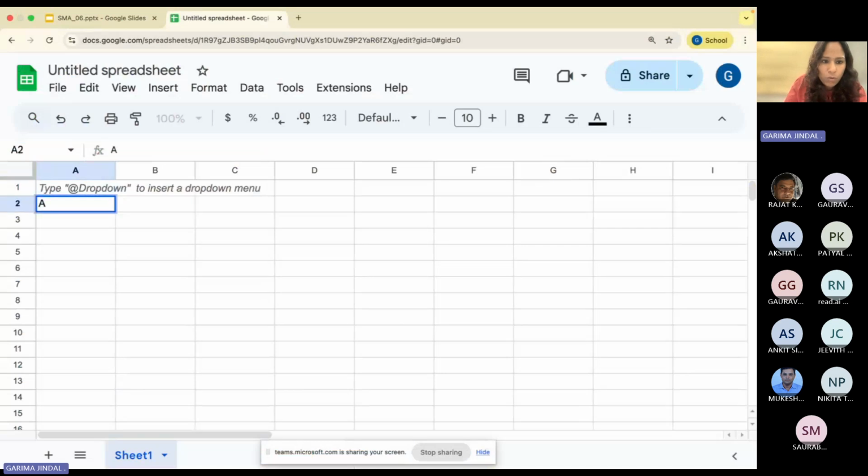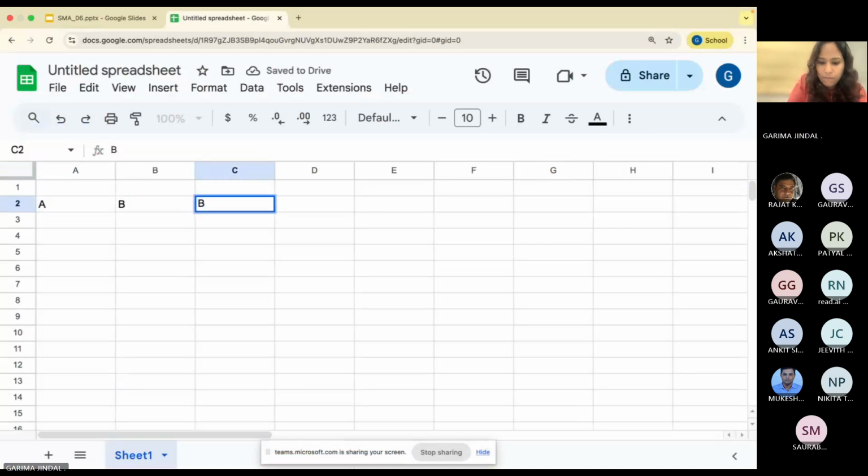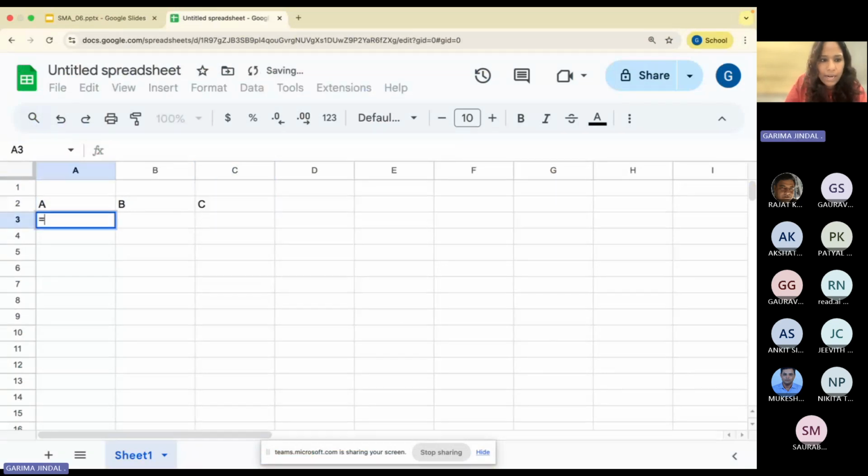Okay, suppose I have A, B, and C. Initially, A had the value 1 by 3.